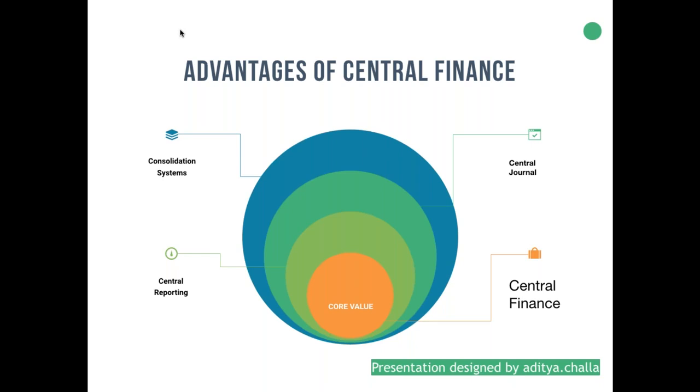And central reporting: whenever the data gets synchronized automatically and creates supporting documents automatically, central reporting comes into the picture. And the central general ledger, we know very well the universal journal is the heart of S/4HANA in any circumstance. So based on all these three fundamental principles, the Central Finance application is built.